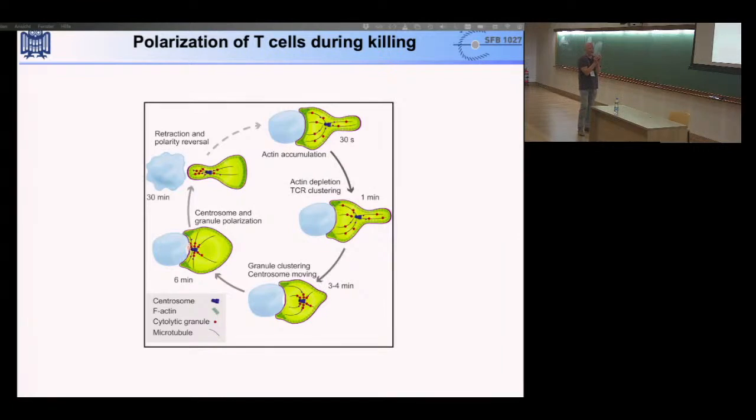It's very similar to phagocytosis, but not complete, because killer cells are very small. It goes like this and then stops. And then you have retrograde flow, keeping the actin, keeping the shape. But then very fast already, the granules cluster at the centrosome, and then the centrosome moves to the contact zone. And then the deadly shot is done. Target is dead. Repolarization takes place within minutes.